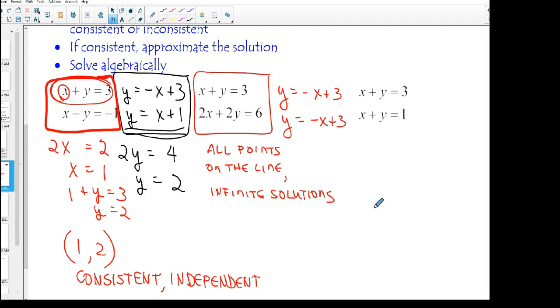And so that makes it consistent because we do have solutions, but it is dependent. The way I remember it is that one line depends on the other. It's right on top of it. They coincide. So how would we solve this one algebraically?